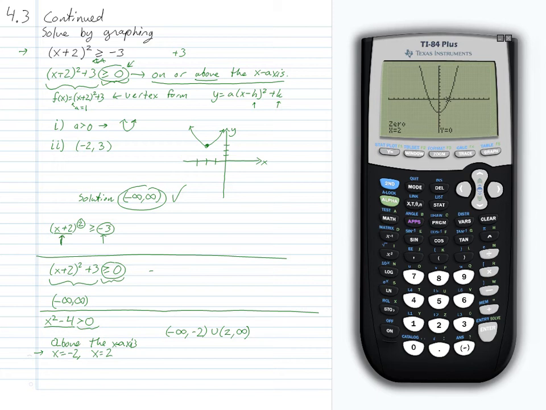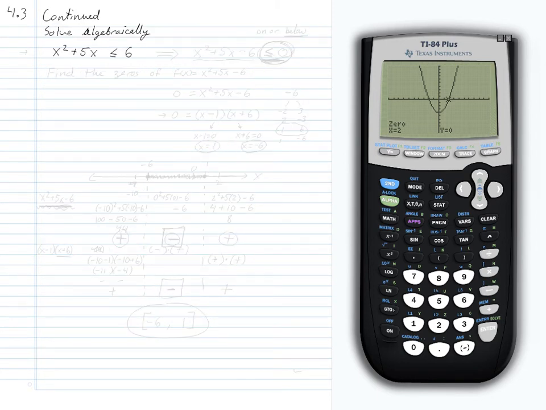Now that technique can also be adapted so that we don't actually have to graph. We can use the same concept of the x-intercepts being the points of interest and solve these types of problems algebraically.